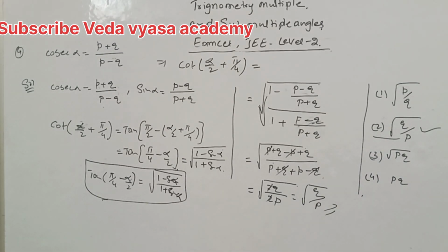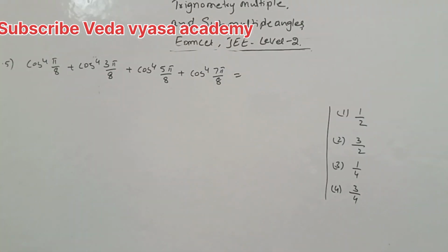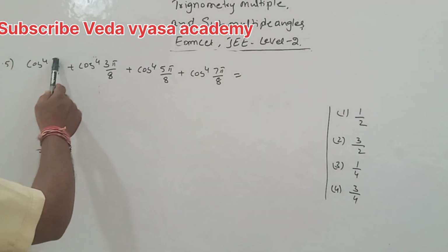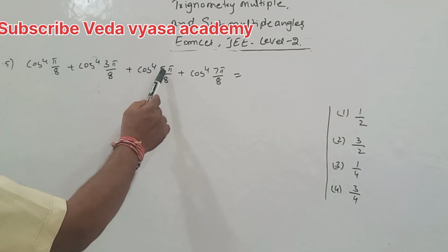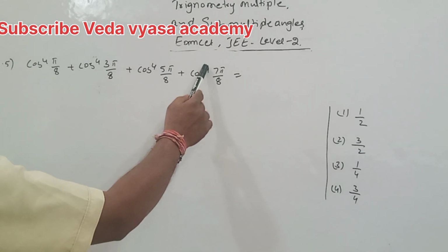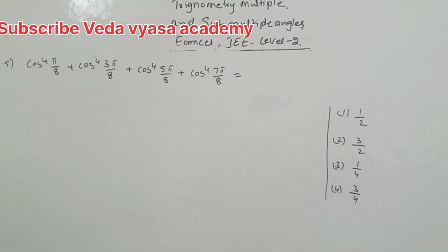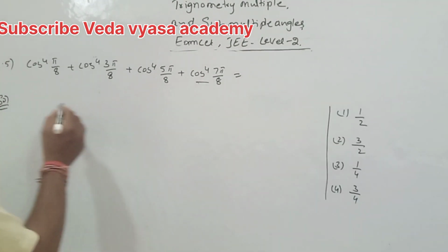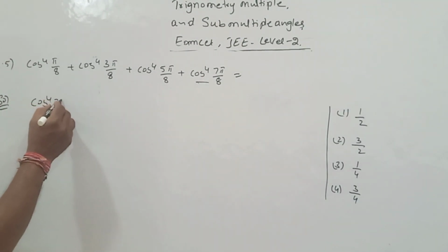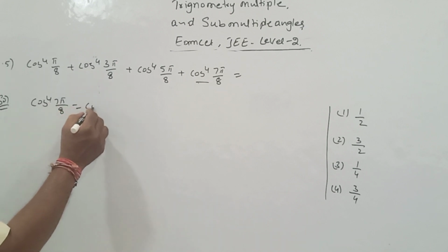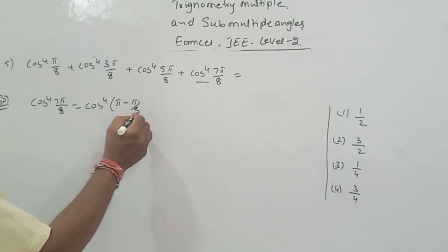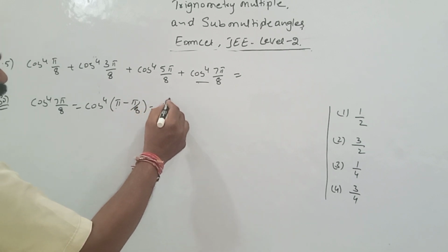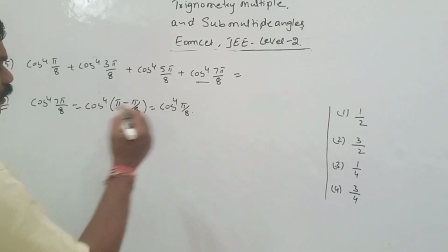Okay, dear viewers, we have the problem: cos power 4 of pi by 8 plus cos power 4 of 3 pi by 8 plus cos power 4 of 5 pi by 8 plus cos power 4 of 7 pi by 8. So this can be written as, here cos power 4 of 7 pi by 8 is equal to cos power 4 of (pi minus pi by 8), which is cos power 4 of pi by 8.